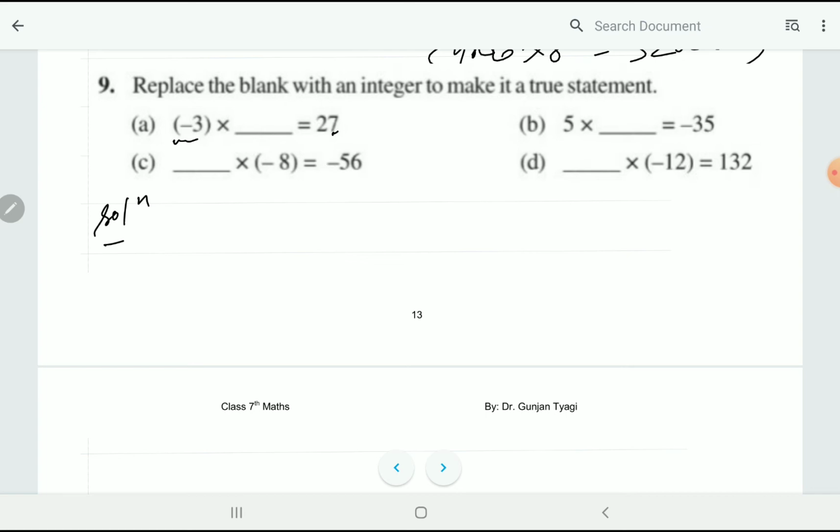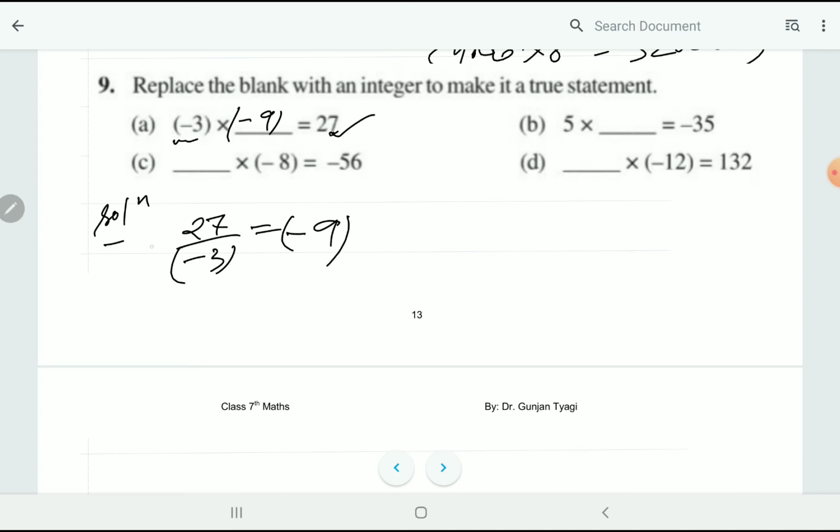So for that, we will divide 27 by -3, so it will be 9, and the integer must be negative, because when we multiply two negative integers, only then will I get the positive answer.